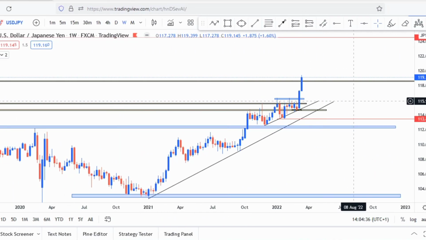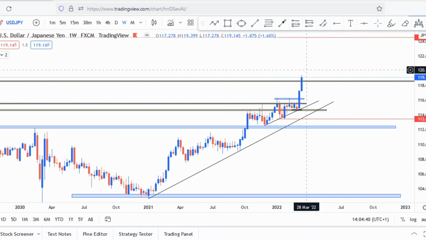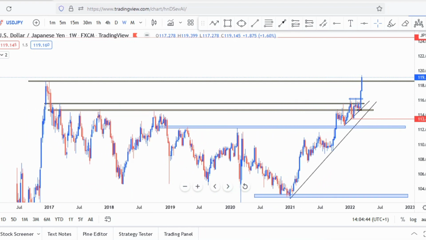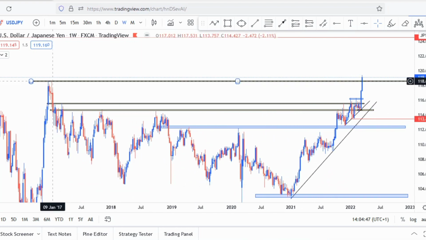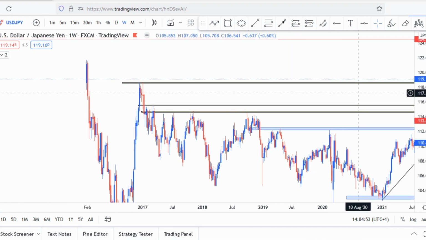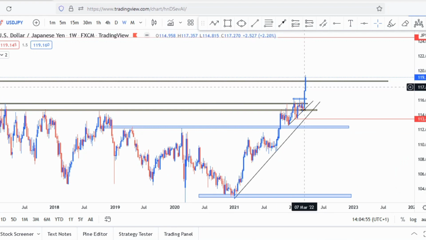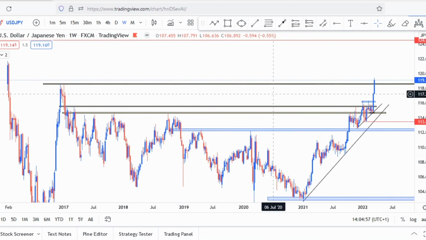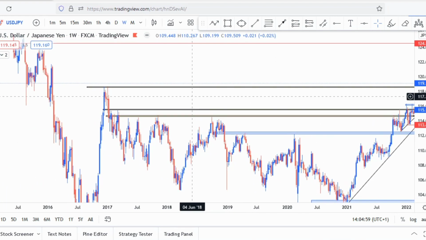So for USD JPY, as you can see, price has broken this resistance area, which wasn't broken previously, right there in 2016. This is the first time price has broken that area, and it broke it quite strongly as well, with this very strong bullish candle.